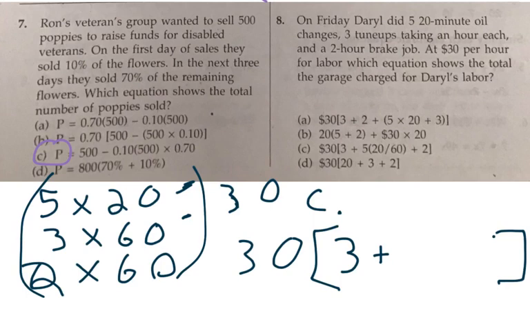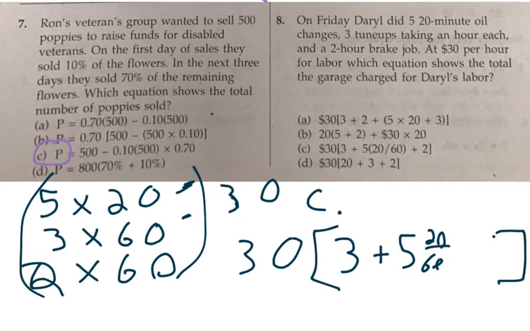And then they added 5 times 20 over 60. So that is the 5 20-minute oil changes. So 5 20 over 60. So that is just their way of saying, hey, it wasn't a whole hour. They did 5 20-minute sessions, and 20 comes out of 60 because there's 60 minutes in an hour.